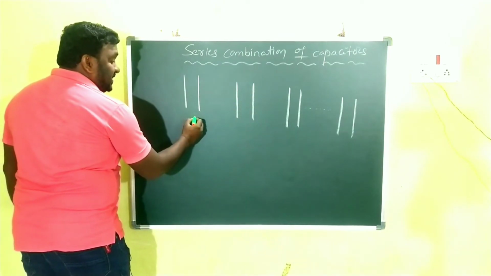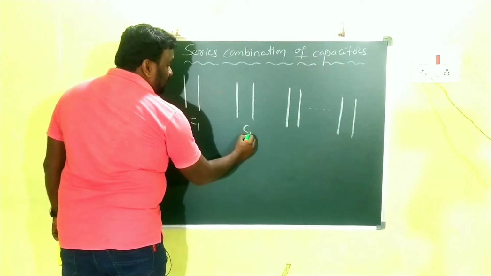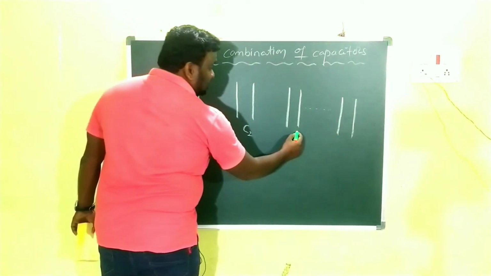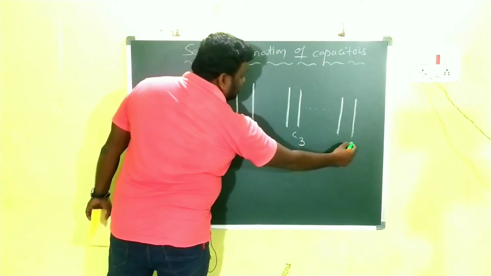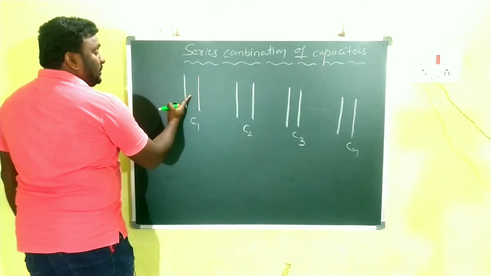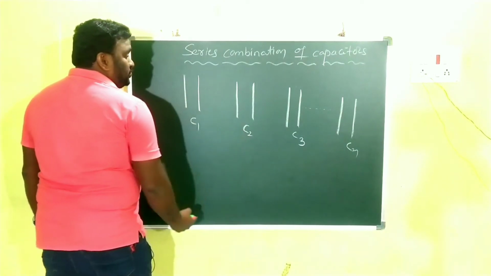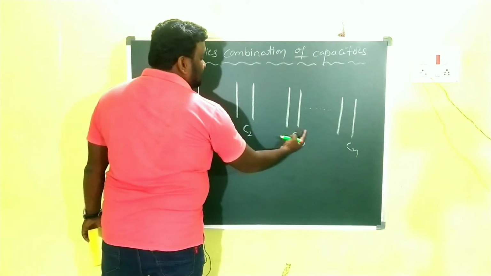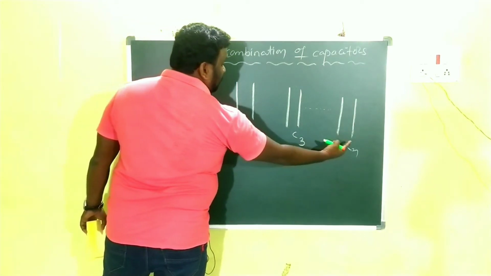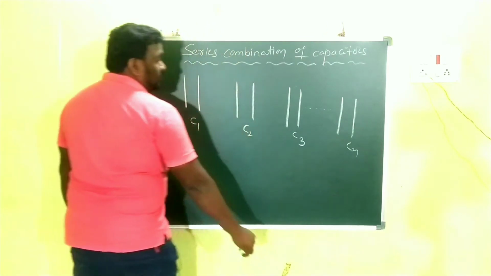This is the first capacitor of capacitance C1, this is the second capacitor of capacitance C2, this is C3, and finally the last capacitor of capacitance Cn.